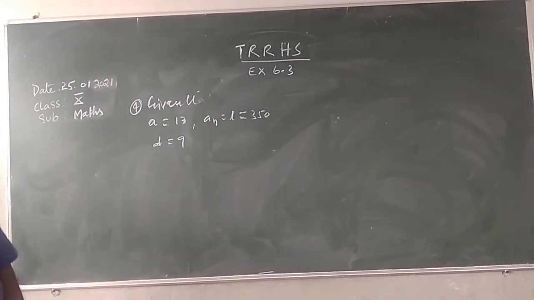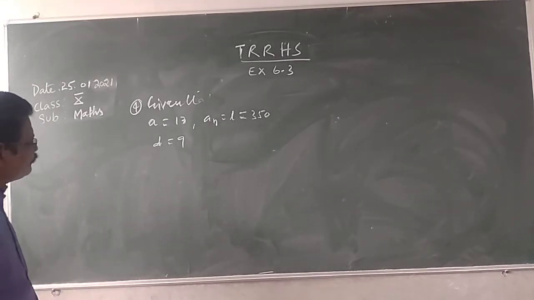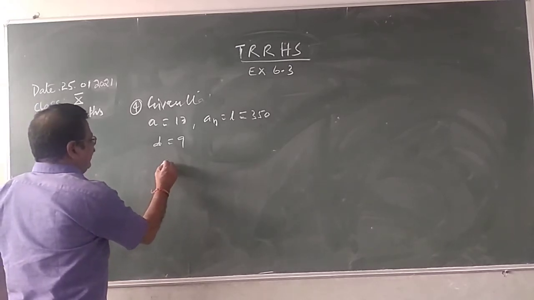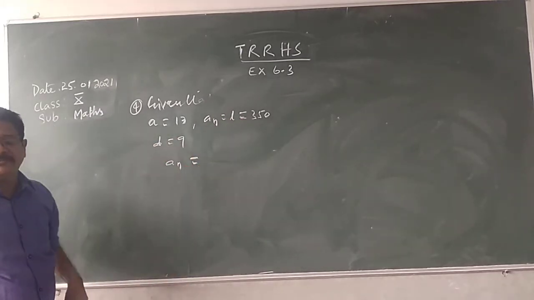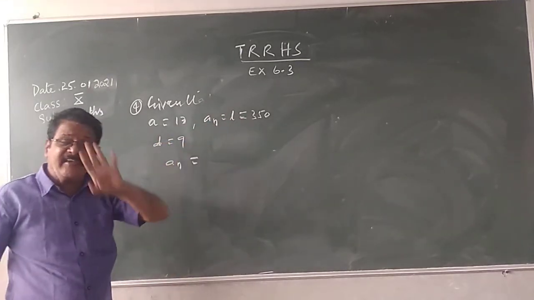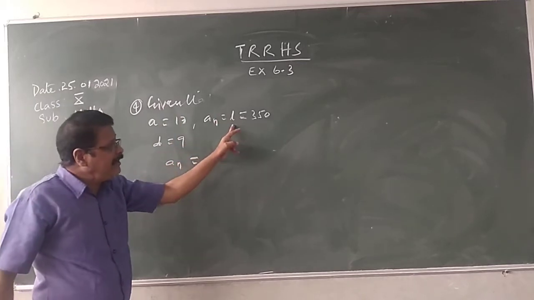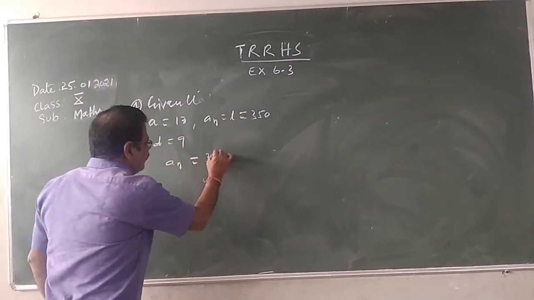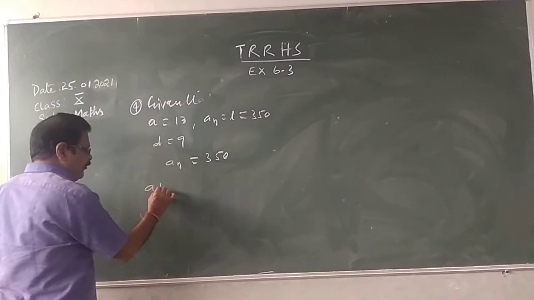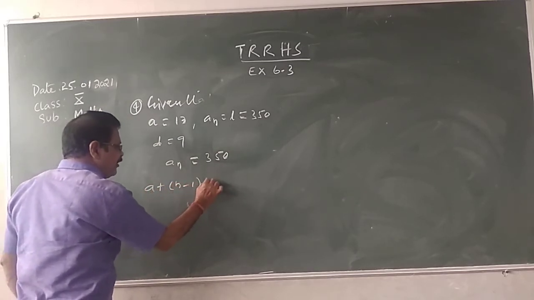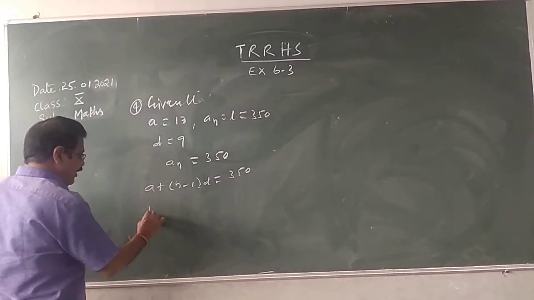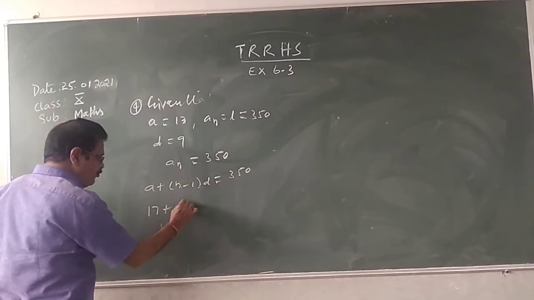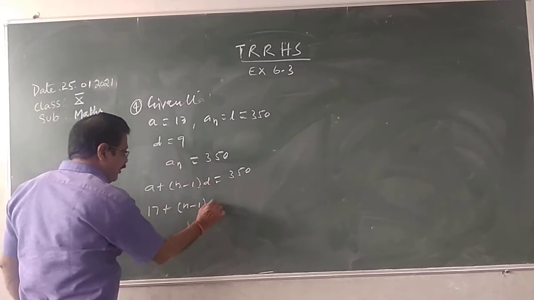We know that a_n, the nth term and last term, is the same: L is equal to 350. So the nth term formula is A plus (n minus 1) into D equal to 350. Substitute the A value, 17. We don't know the number of terms. D, the common difference, is 9.